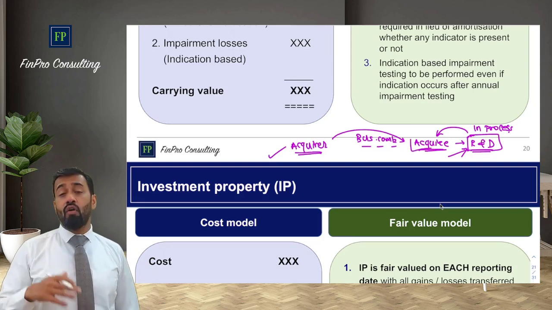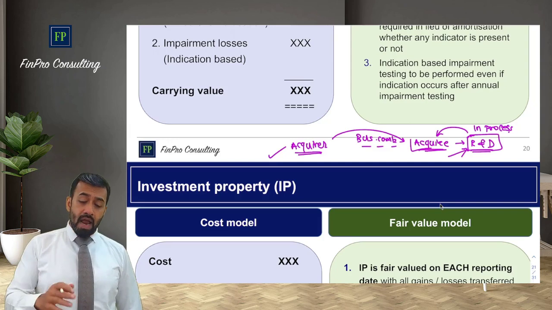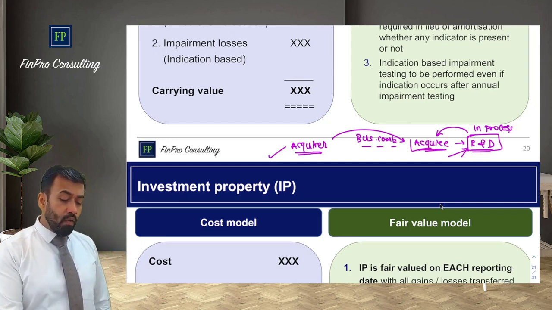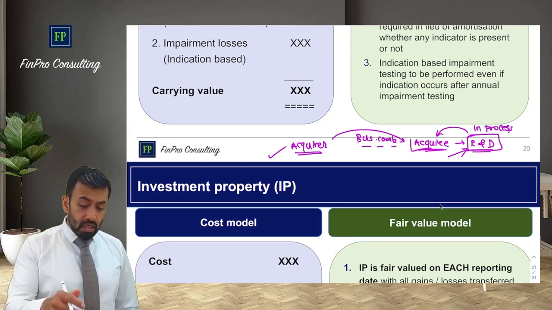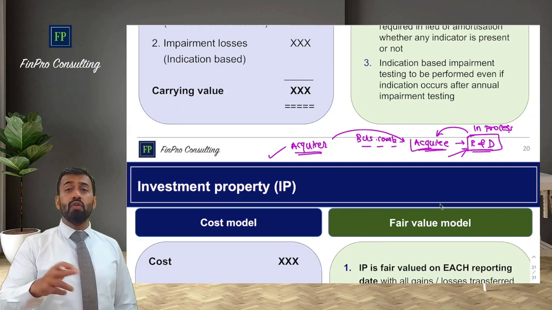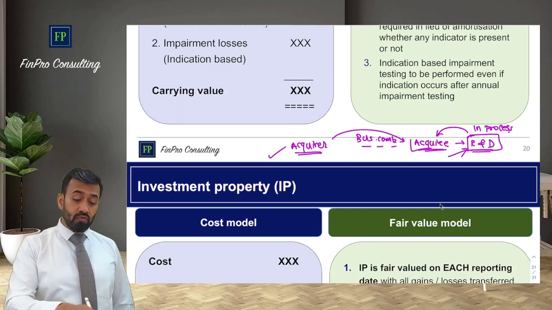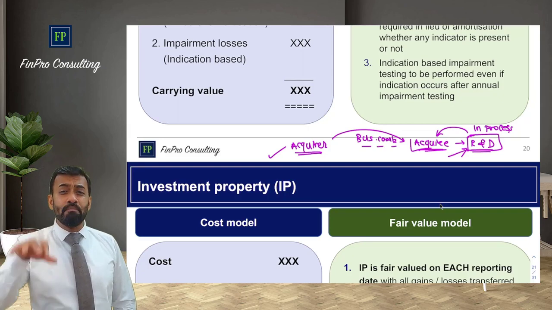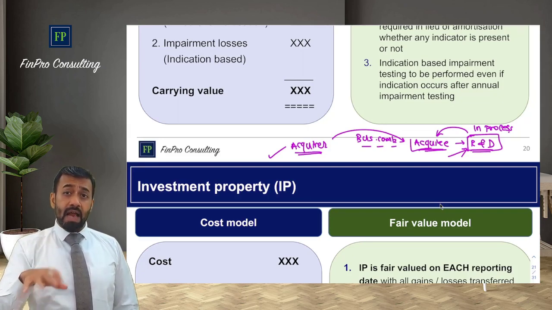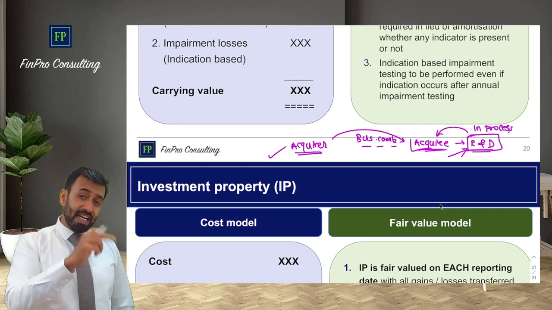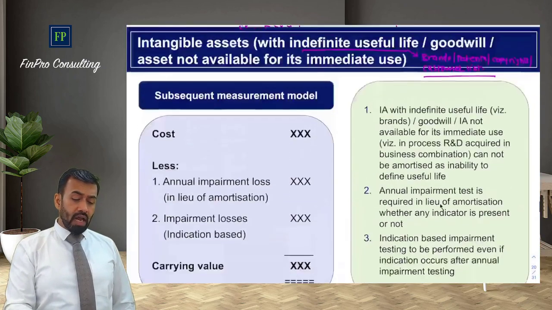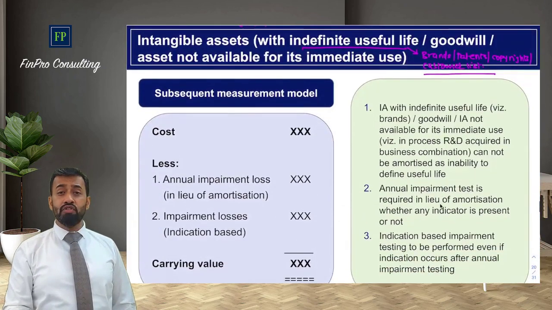Both recognition criteria are satisfied, whereas earlier, in the books of the acquiree, this probability criterion was not there, the cost probably was not there, and he did not recognize this, but the acquirer will have to recognize it. This is an asset which is not yet available for use for the acquirer, because it is in process. That's why you have recognized it, because it satisfies the criteria, but it is not yet available for its immediate use.